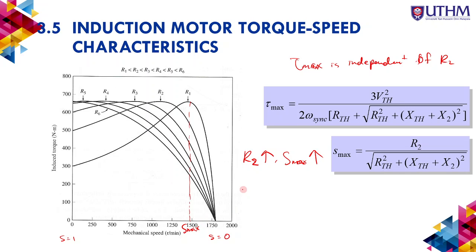Once we increase the value of R2, for example over here we can write R2 is more than R1, so bigger than R1. Once R2 is bigger than R1, S max 2 is also bigger than S max.